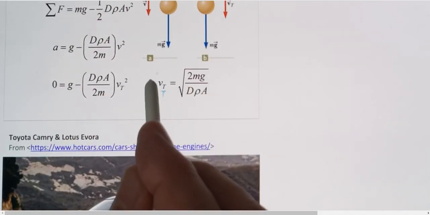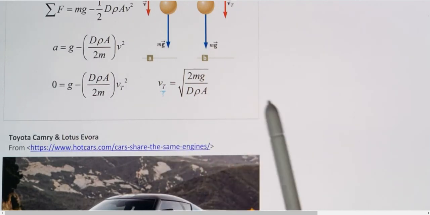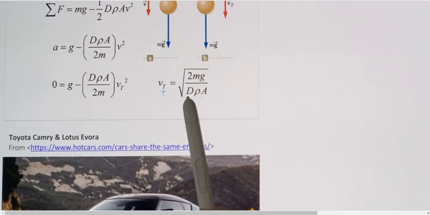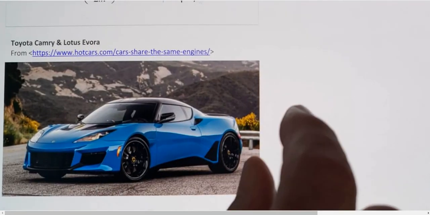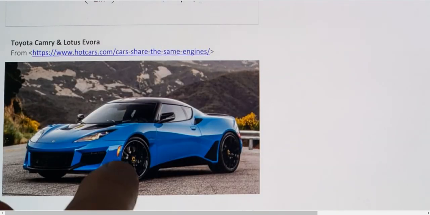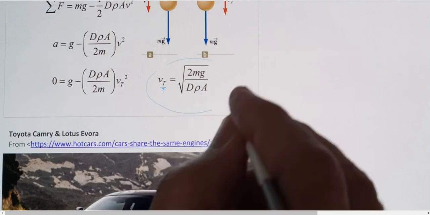Because we are talking about this equation. When you change the cross-sectional area of the car, and when you change the drag coefficient of the car, then you can reach higher terminal speeds even using the same engine. So if you are interested, you can check this website, which will illustrate the use of this beautiful equation.